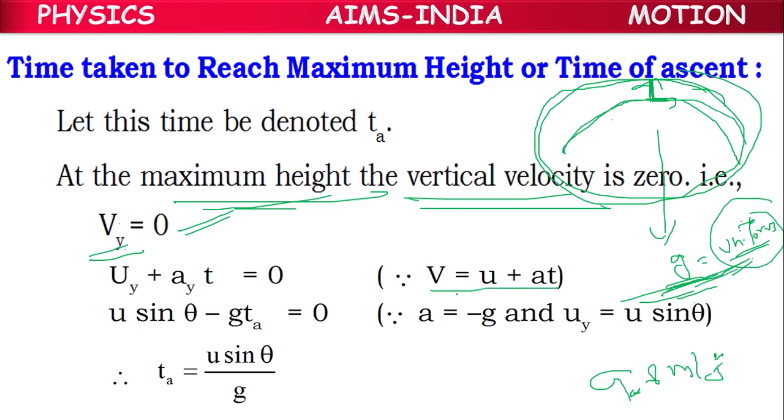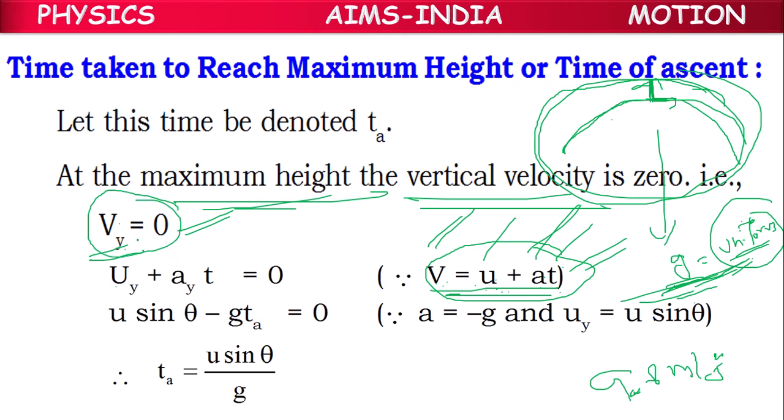So equations of motion we can apply. According to equations of motion, we have a formula V equal to U plus at, V for final velocity, U for initial velocity, a for acceleration, t for time. If we apply this formula here, V equal to U plus at, we got Vy equal to 0, but Vy equal to Uy plus Ay t, because Vy means vertical component of final velocity in y direction.